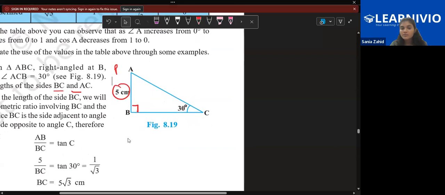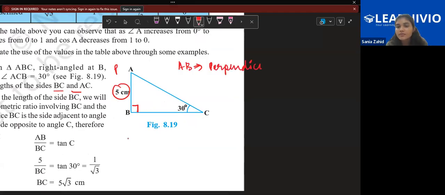Shall we come to the question now? I told you that whatever angle is given to you, and the side is given to you, just analyze the side according to the angle. The side in reference to the angle is the perpendicular. So AB is the perpendicular. Now analyze sine C and cos C. First of all, always check for the sine value.